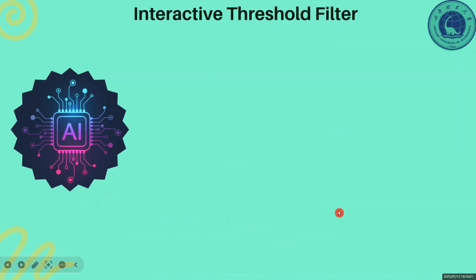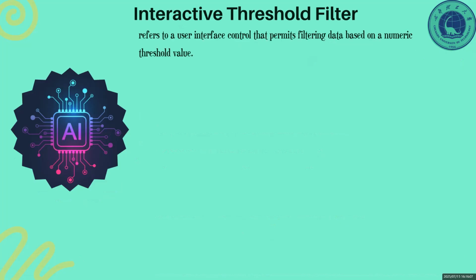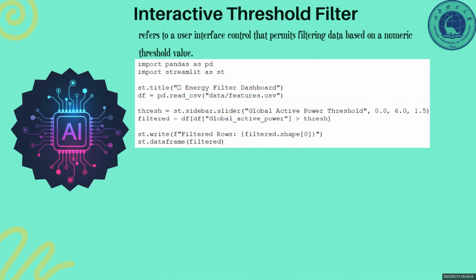So next on our slide, we have the interactive threshold filter. This refers to a user interface control that permits filtering data based on a numeric threshold value. So in that code, we will have to import pandas as pd, import streamlit as st, put a title, read the file, set the sidebar slider, and then do your filter function.